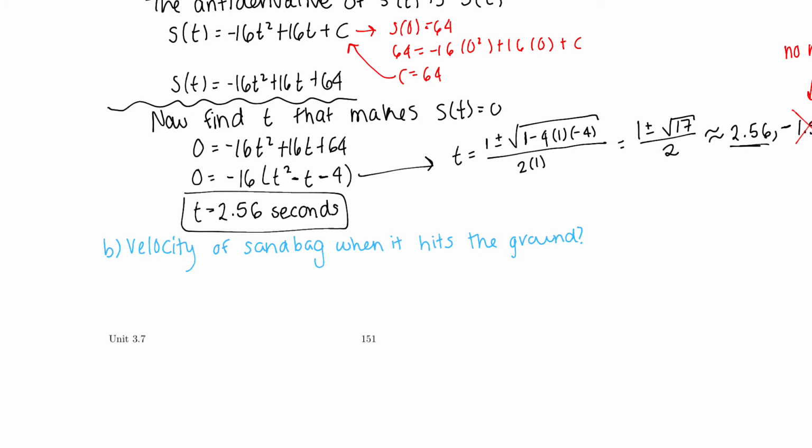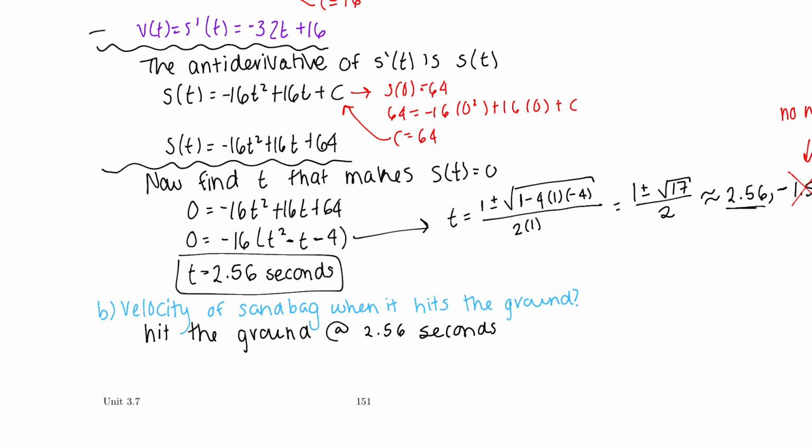Well, looking here, we hit the ground at 2.56 seconds. That was what we found in part A. And we have a velocity function right up here. The velocity function tells us what the velocity is at any given time, negative 32t plus 16.